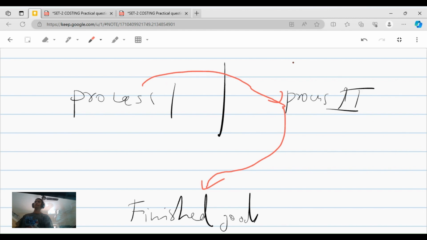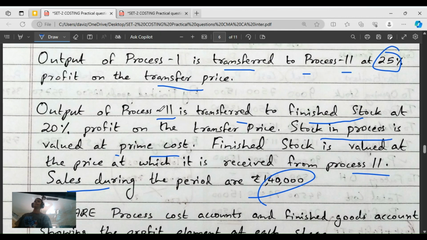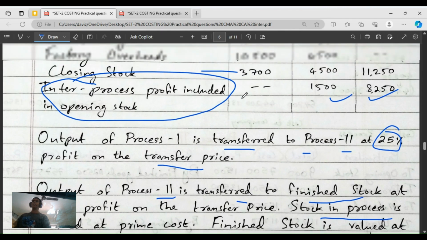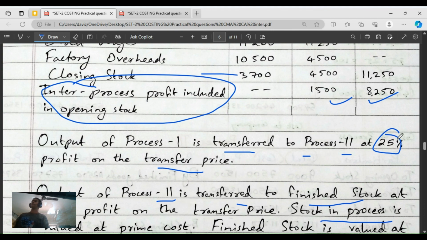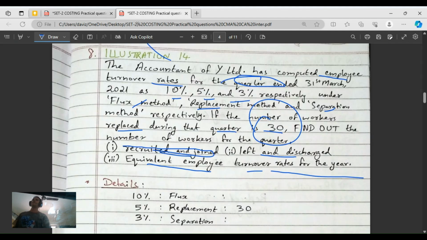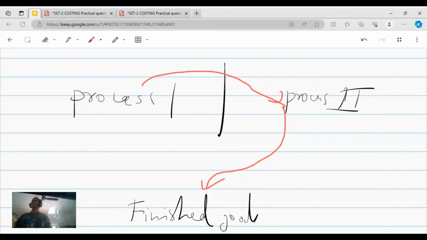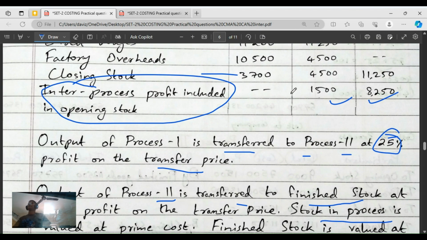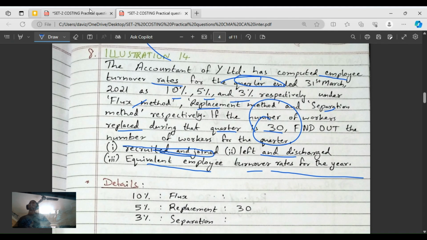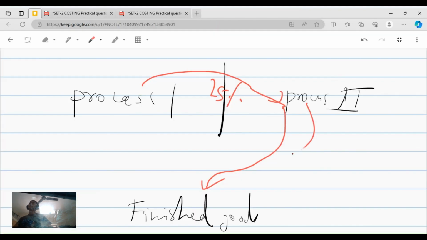While transferring to process 2, the question says 25% profit on transfer price. With the 25% profit it is transferred to process 2. Then after finishing process 2, it is transferred to finished stock at 20% profit.